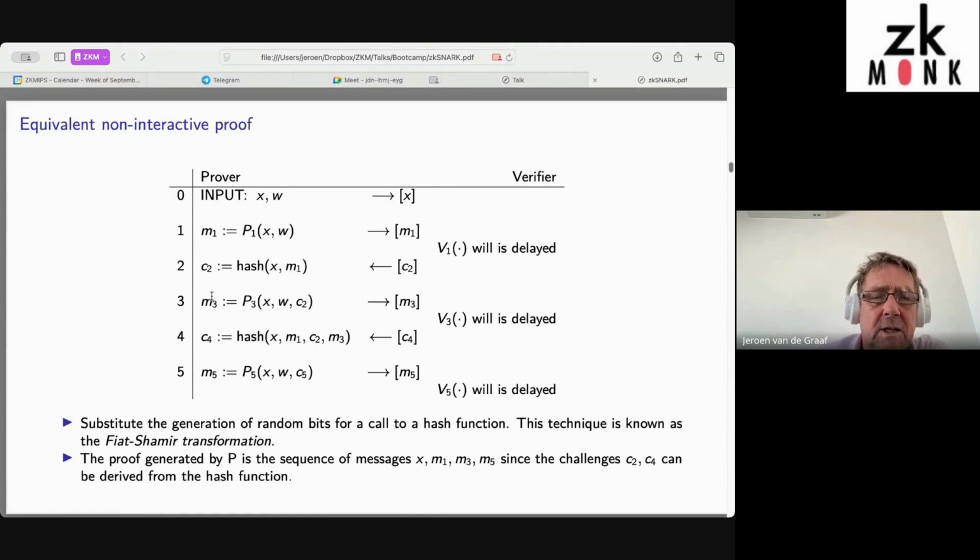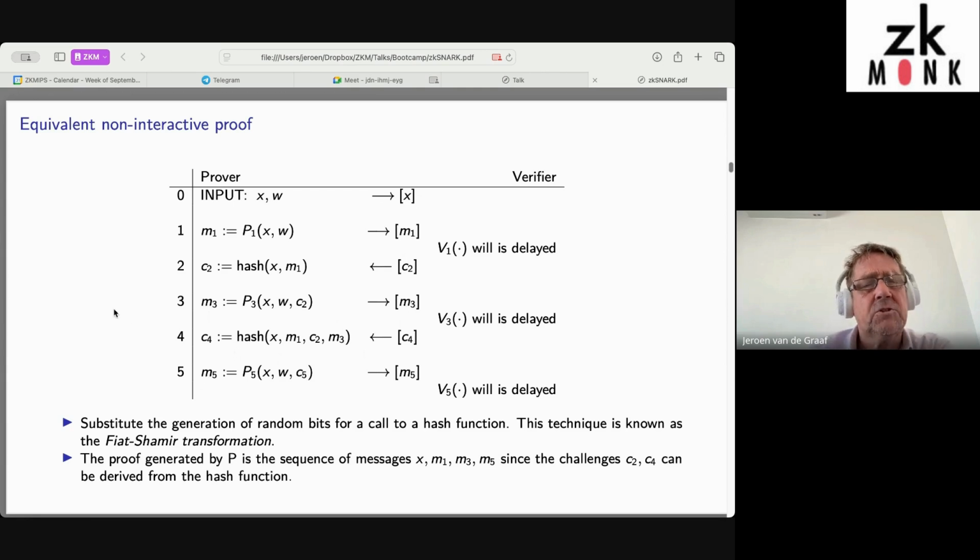It's important that the randomness created here is a result of all the previous messages. So in this case, it's X and M1. Here in C4, it's everything that we show here: X, M1, C2, and M3, etc.